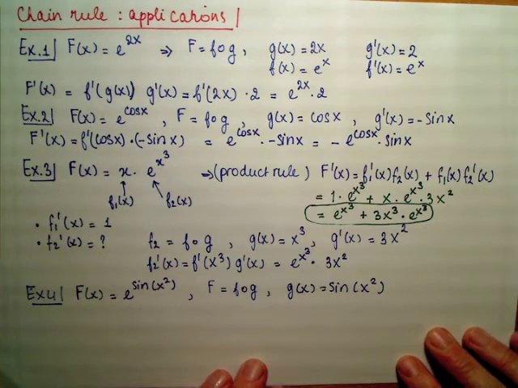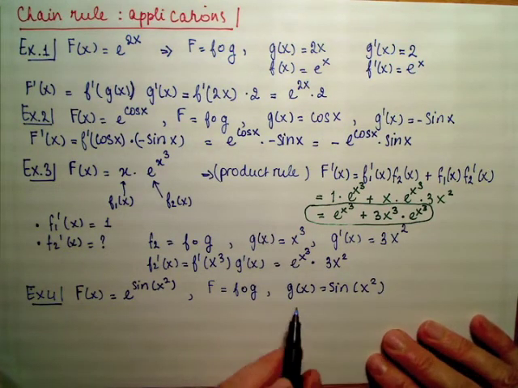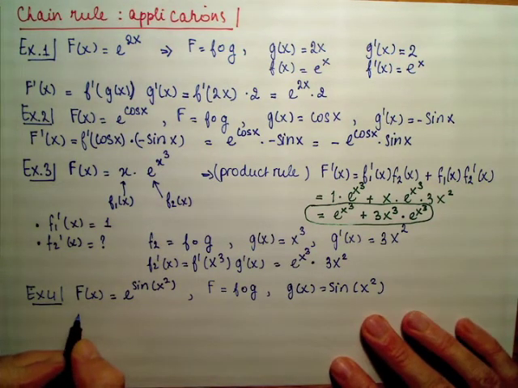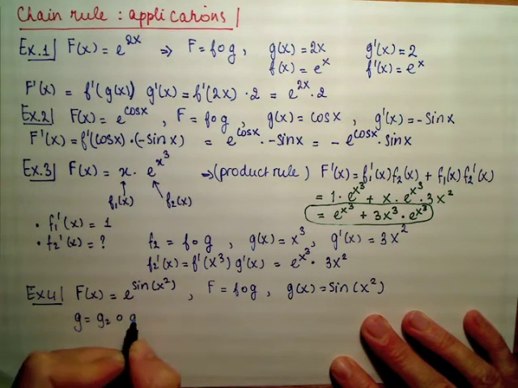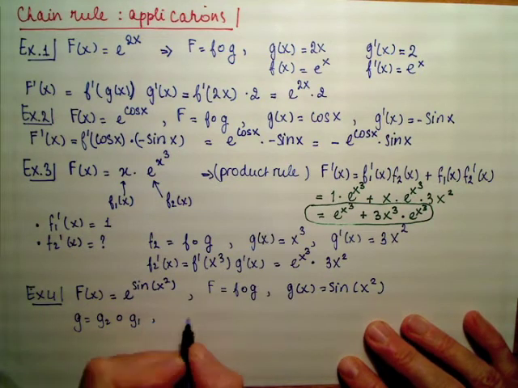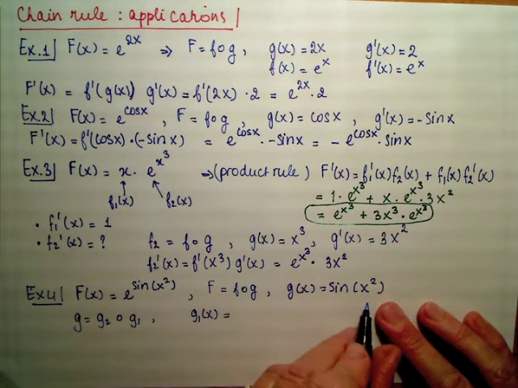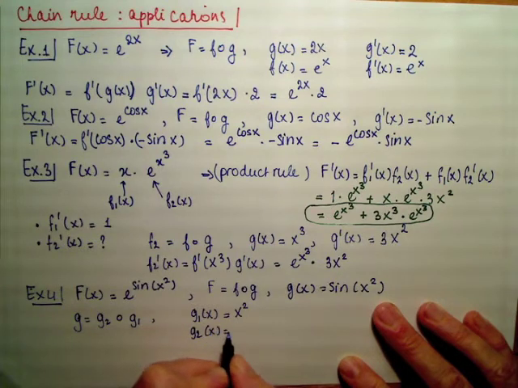Okay, so we now have to determine the derivative of g of x. Well, g of x is a composition of two functions, say g2 and g1. So first we apply g1 and then g2, where g1 is equal to x squared, and g2, well, what do we do with x squared? We take sine.